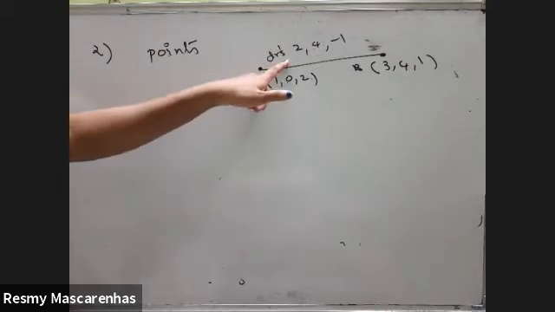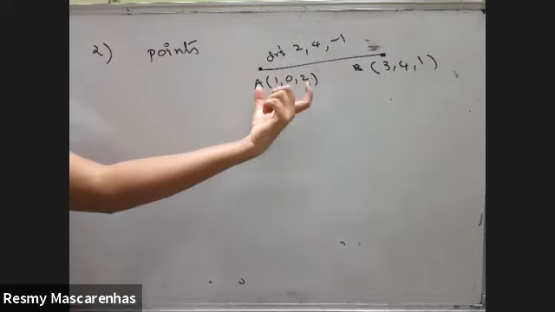So this is the first thing you need to do. Just quickly find the direction ratios of the line, and the first point you have to take.